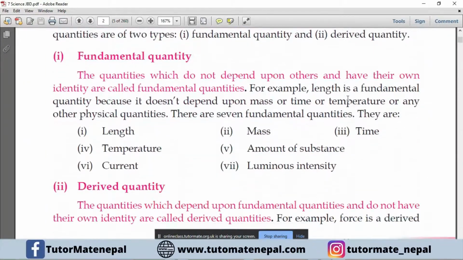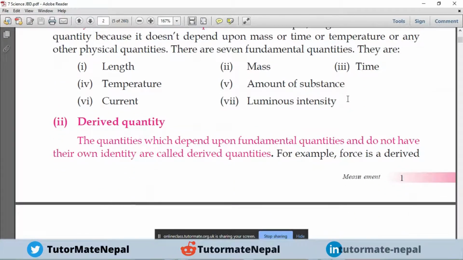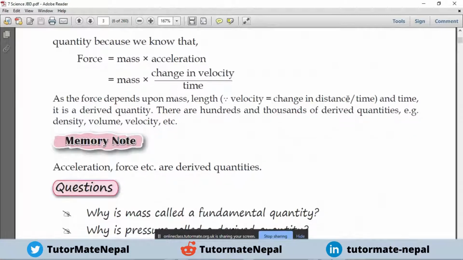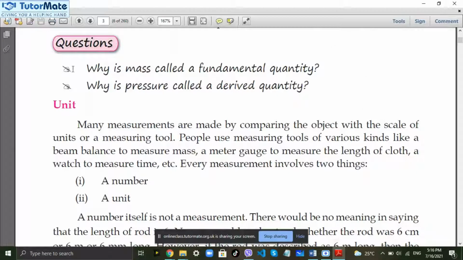Here you can see the definitions. Derived quantity, we have already read about that.